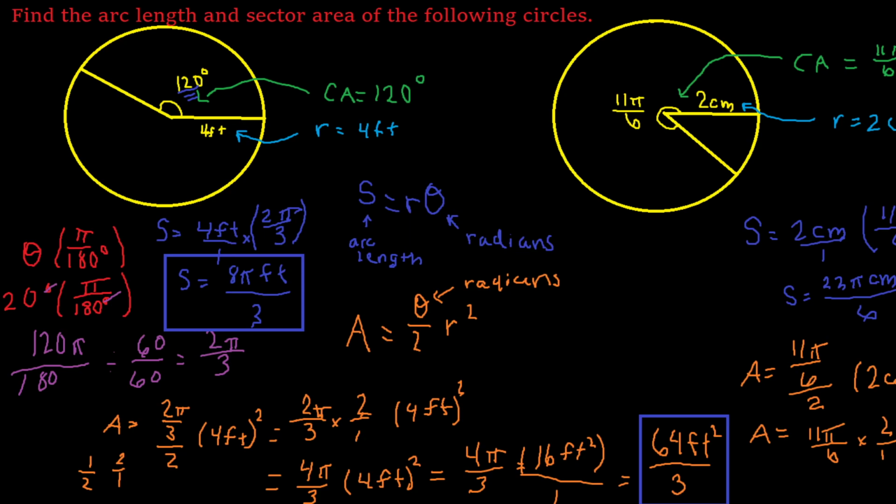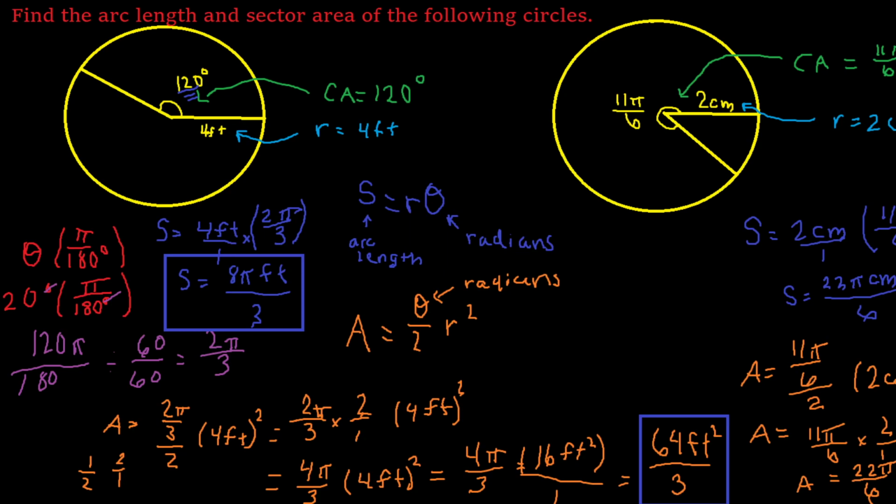So we simplify this and we get our area is 22 pi over 6. And let's go ahead and simplify now. So 2 squared is 4, and centimeters squared is centimeters squared. And now we set that over 1 and we can do our simplification. I would start simplifying this. Everything here is divisible by 2.